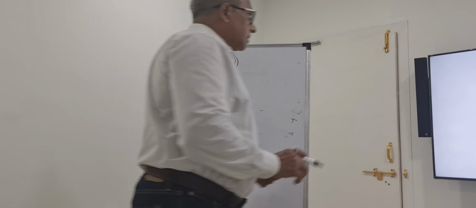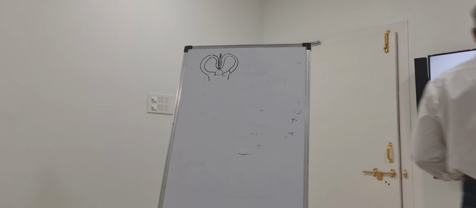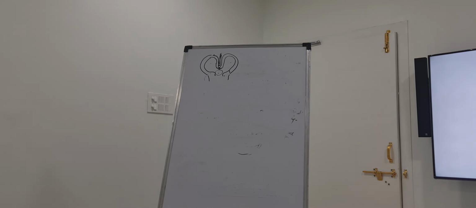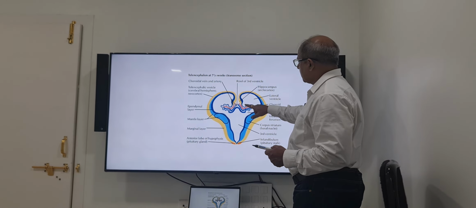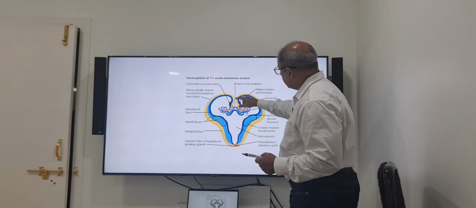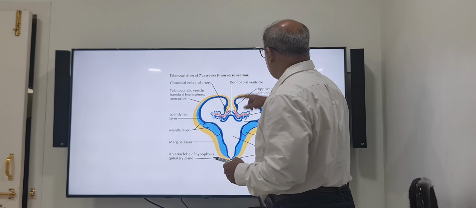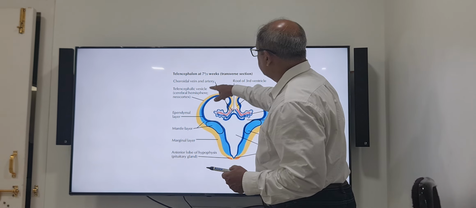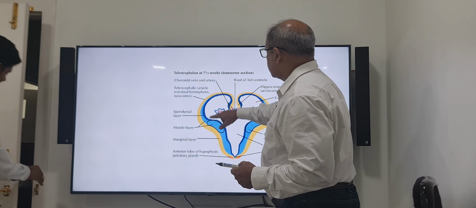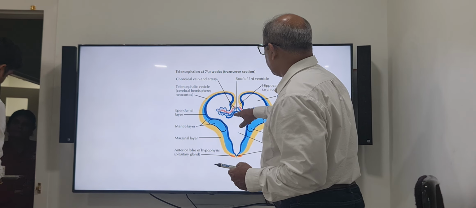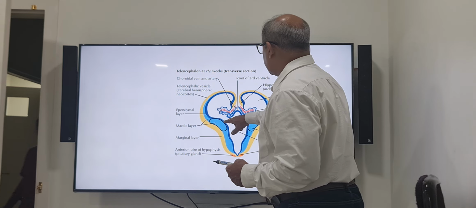So if you see this area of cutting the telencephalon, the lateral ventricle, the interventricular foramen of Monro, there is a roof of the third ventricle, and it is going down, and formation of the telencephalic vesicle, ependymal layer, mantle layer.